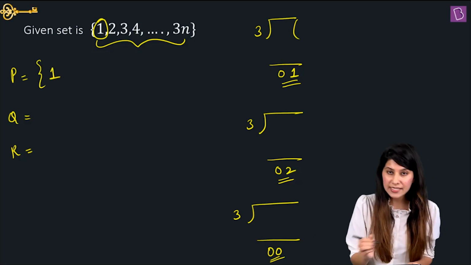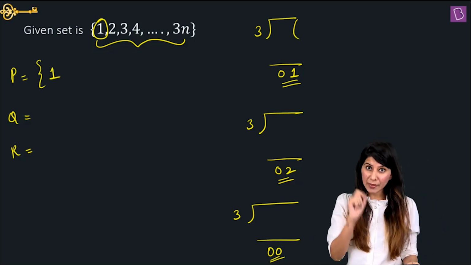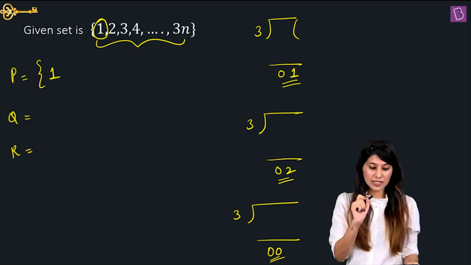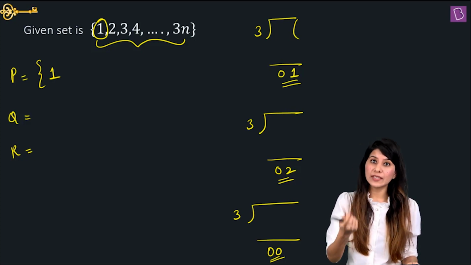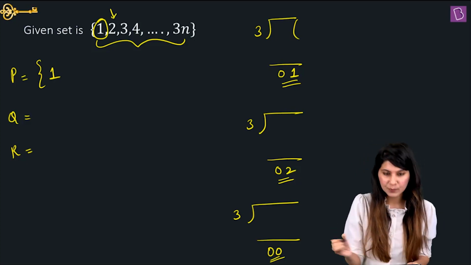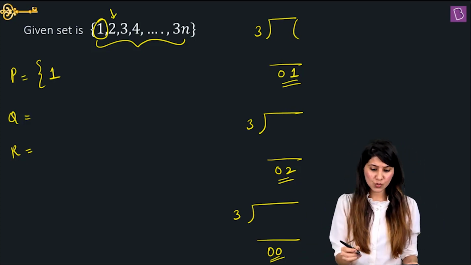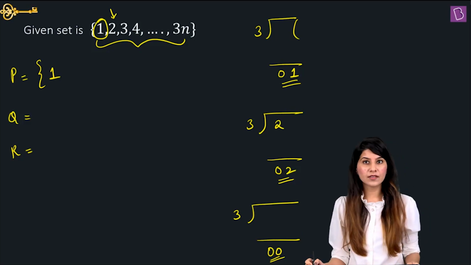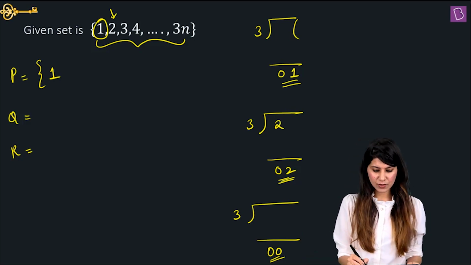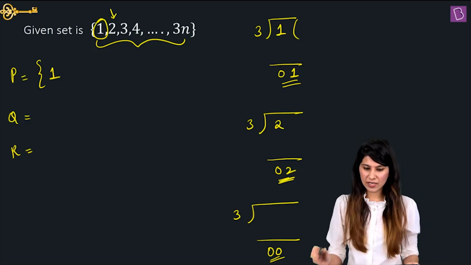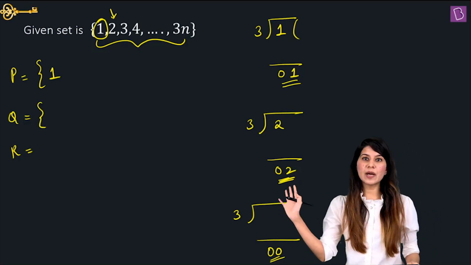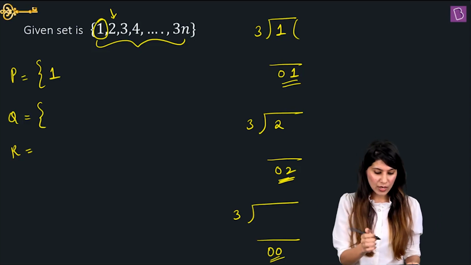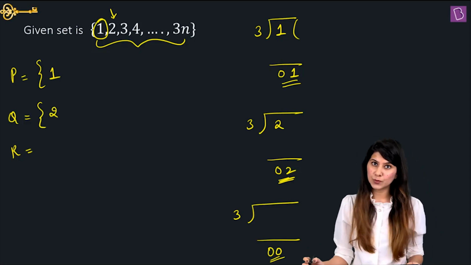So the numbers which will sit inside set P are those giving remainder 1 when divided by 3. Next number is 2. If you divide 2 by 3, you get remainder 2. All the numbers which give remainder 2 will sit inside set Q.